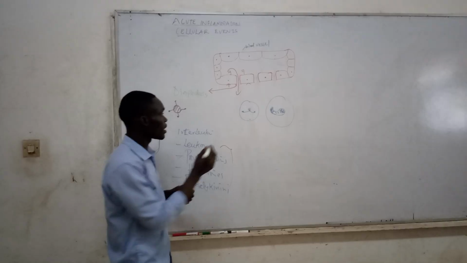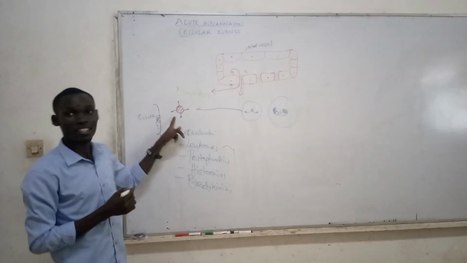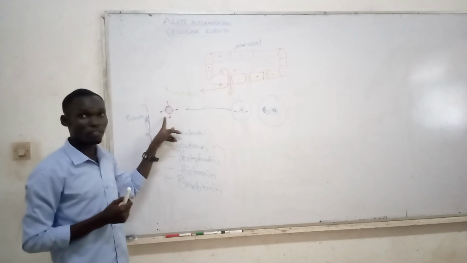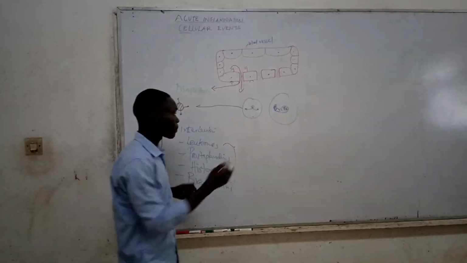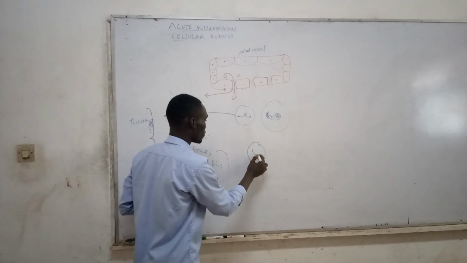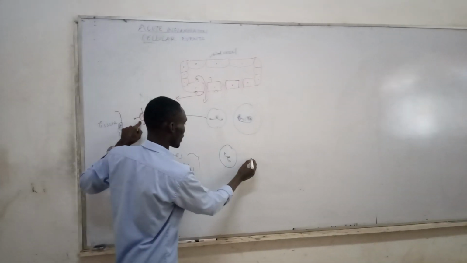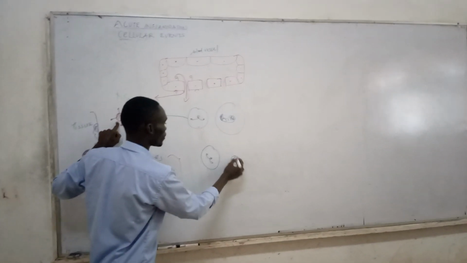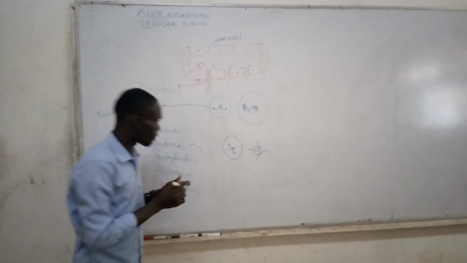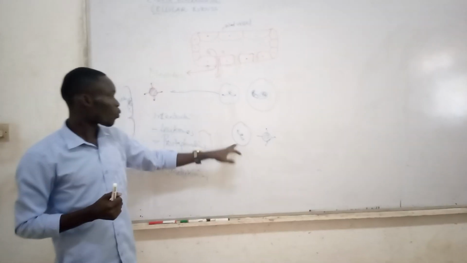So what happens? The immune cells are attracted towards the source of infection, that is the bacteria. Let's say we have the neutrophil there, we have the bacteria here. We have the neutrophil which has been attracted to where the bacteria is. So what happens?